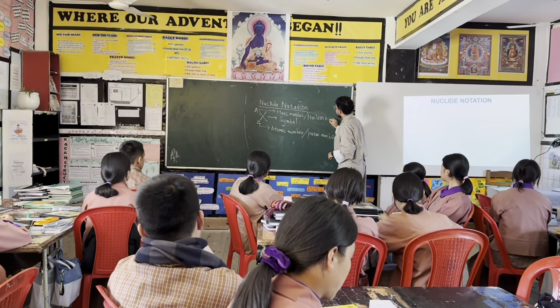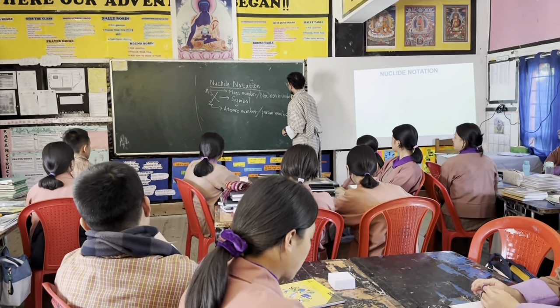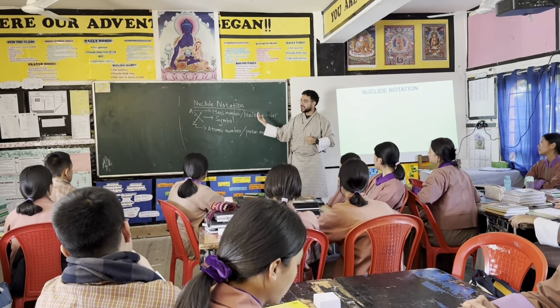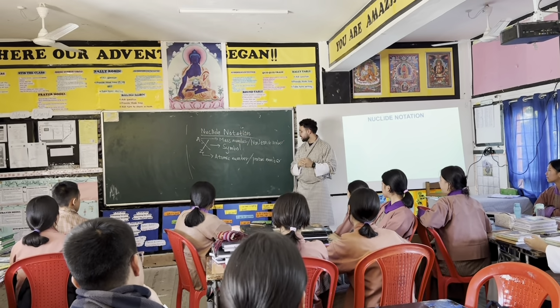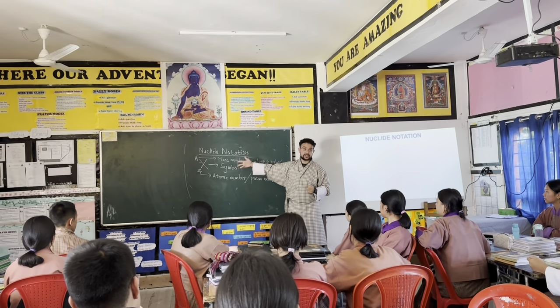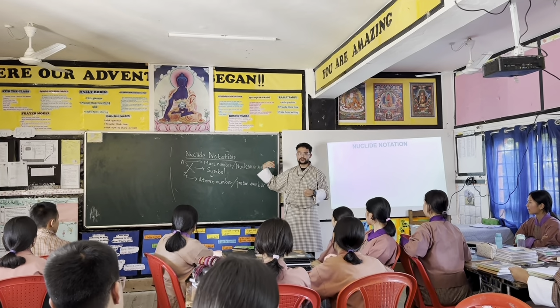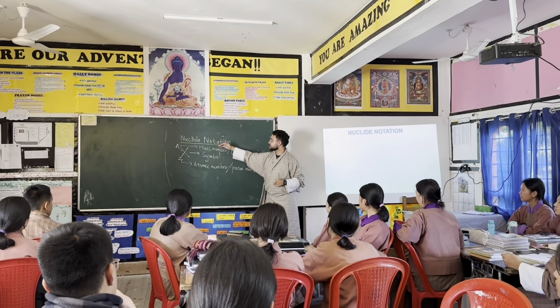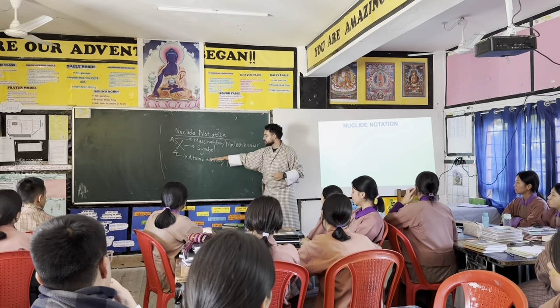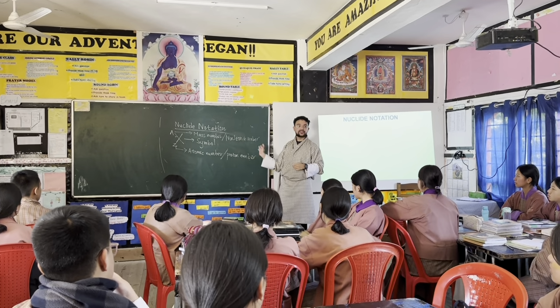Just a different name only, okay? Don't get confused. If I ask you what is the nucleon number, I'm asking you the mass number. And if I ask you proton number, it is the atomic number. It's just synonyms, so don't get confused. Just know that mass number and nucleon number are the same, and atomic number and proton number are the same, okay?